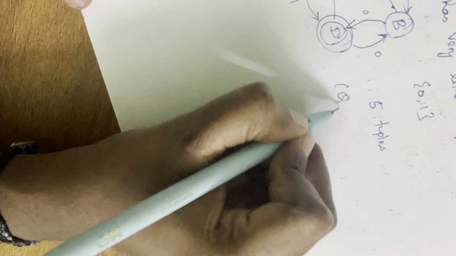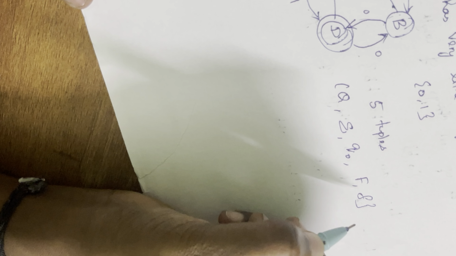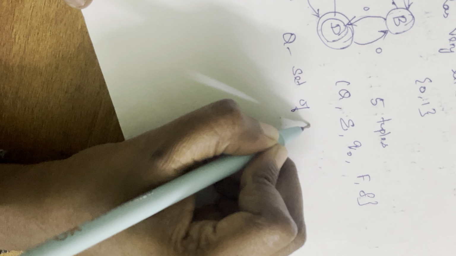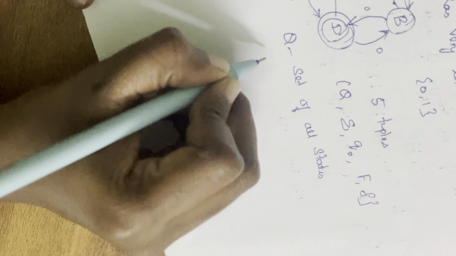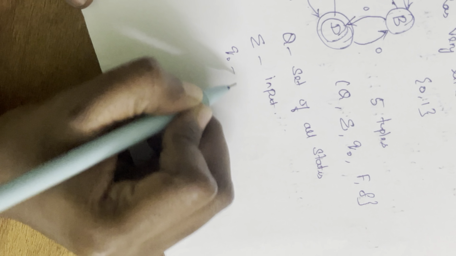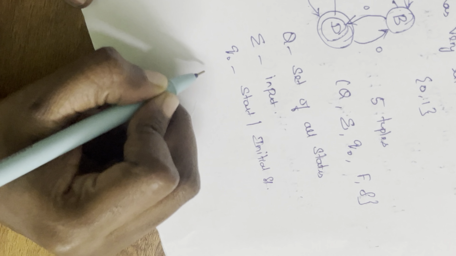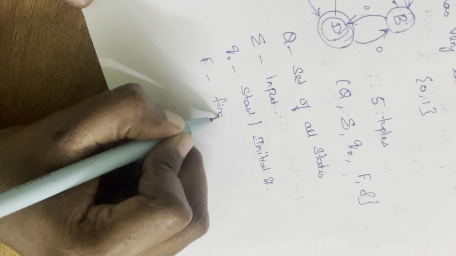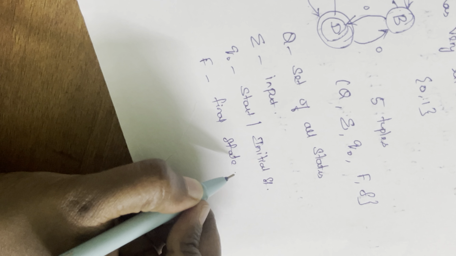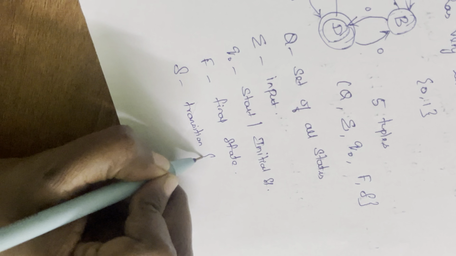Q, sigma, delta, Q naught and F. Q is the set of all states, sigma is your input alphabet, Q naught is your start or initial state, F is your final state, and delta is your transition function.